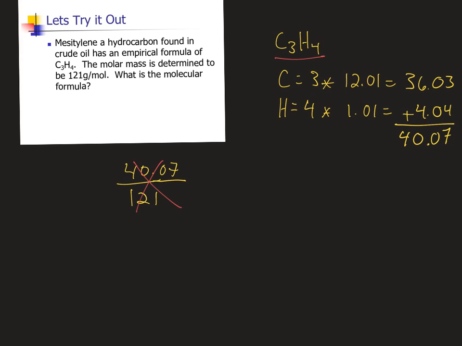So, if I take 121 and divide it by 40.07, I roughly get a value of somewhere around 3 something. A ratio of 3.